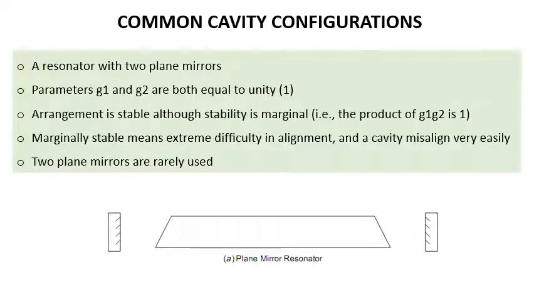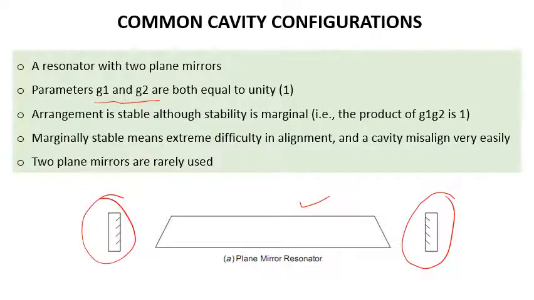And if you remember, these are two parameters G1 and G2 we can calculate. Now, what is a cavity actually? A cavity is simply, if you have a laser medium like this and you put two mirrors on both sides of this medium, one partially polished and the other fully polished, then you can say it's a cavity.